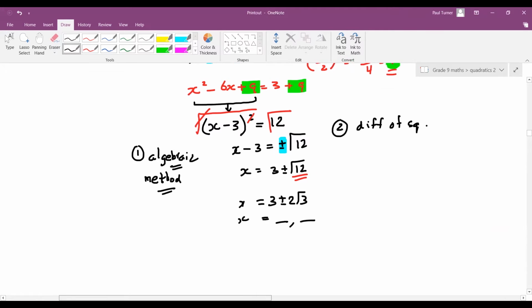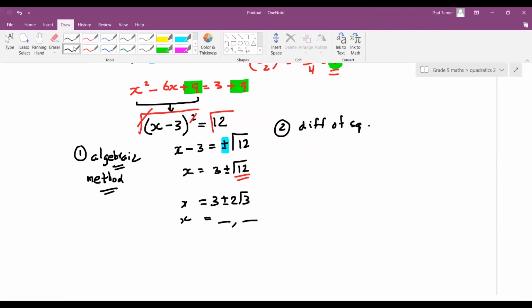So for difference of squares, it's a little bit more tricky here because you have 12. So we have x minus 3 squared equals 12. Now what we do, we bring the 12 to the other side.